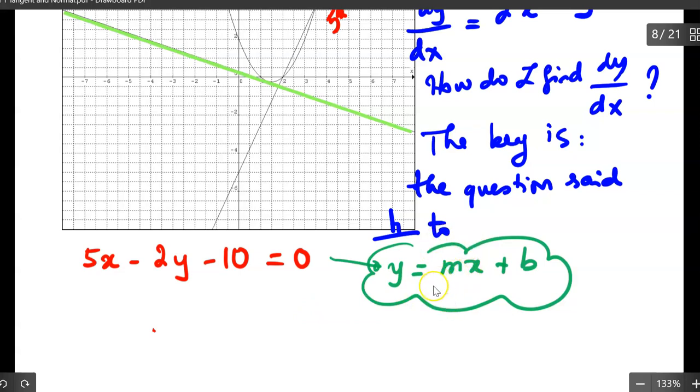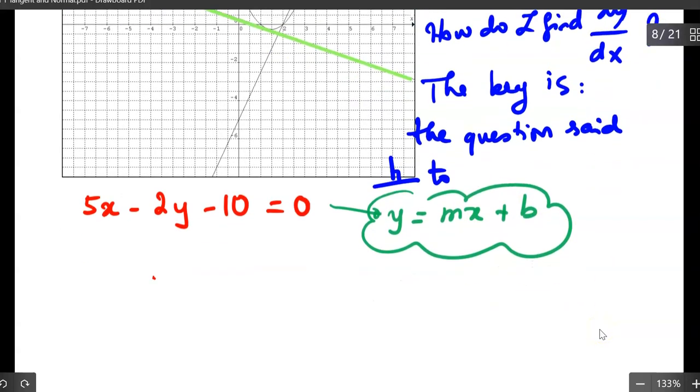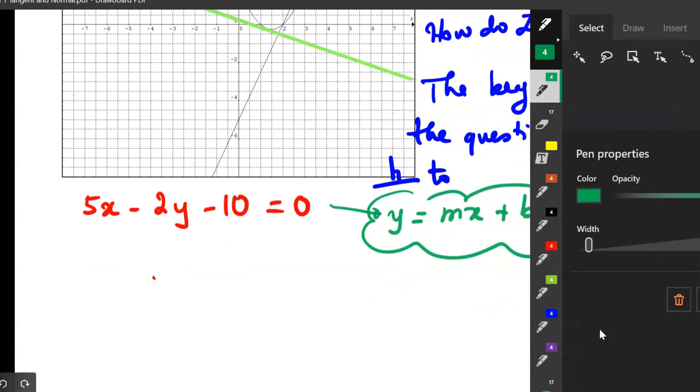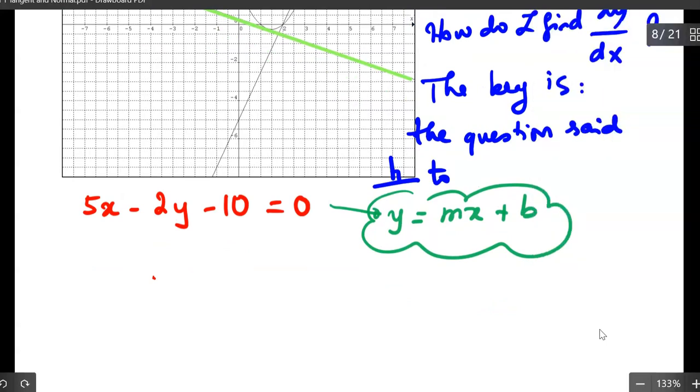Because if you have an equation in the form y equals mx plus b, make sure the coefficient in front of y is 1. Then the coefficient in front of x will be your slope, and the value after is the y-intercept. So that means I will solve for y.